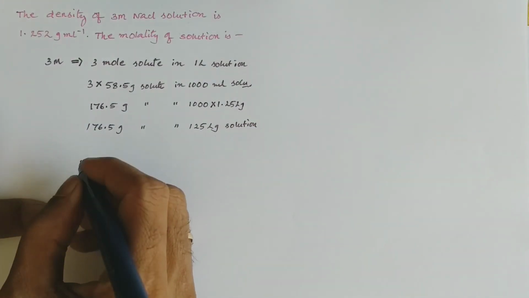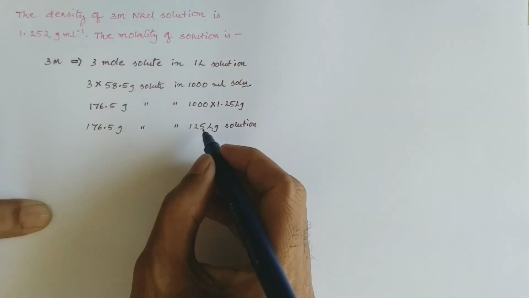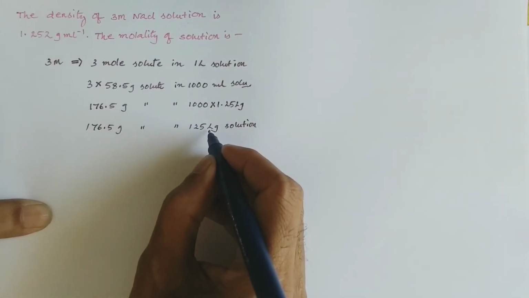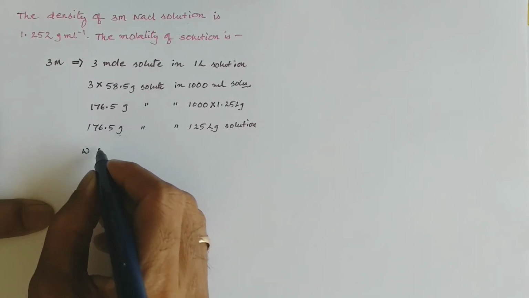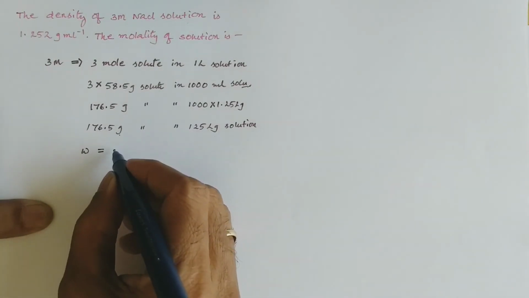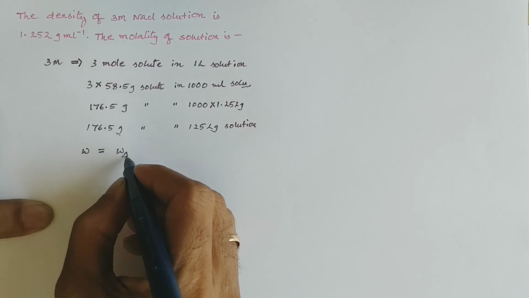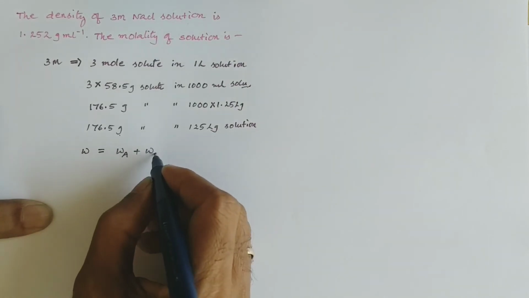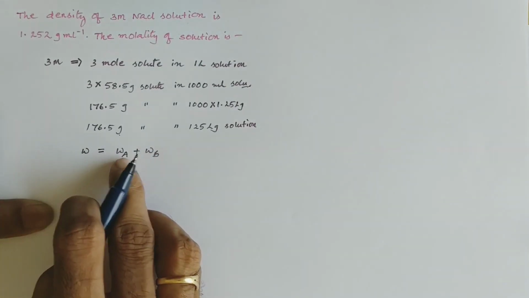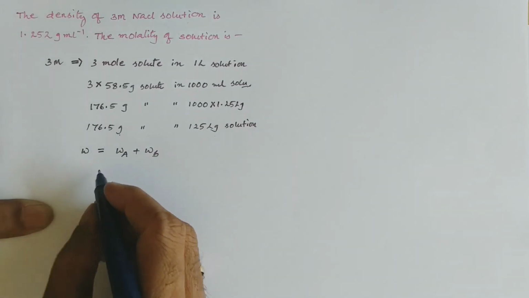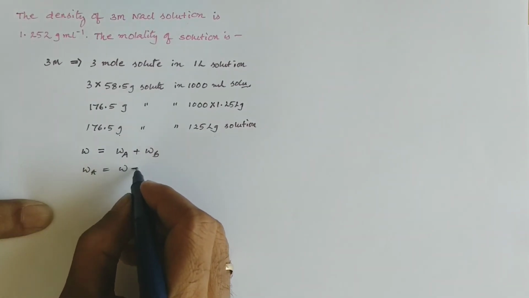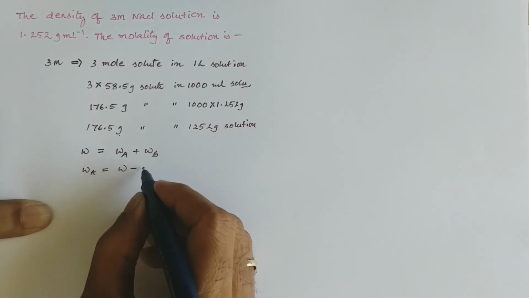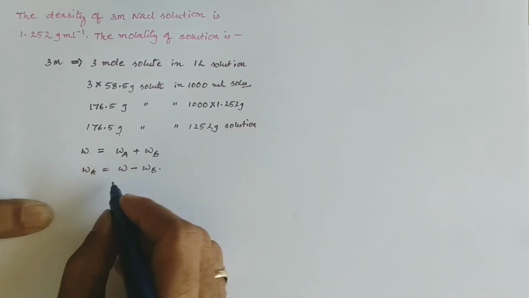Now mass of solvent can be obtained by subtracting this from this, because mass of solution is equal to mass of solvent plus mass of solute. A is solvent, B is solute. So mass of solvent is equal to mass of solution minus mass of solute.